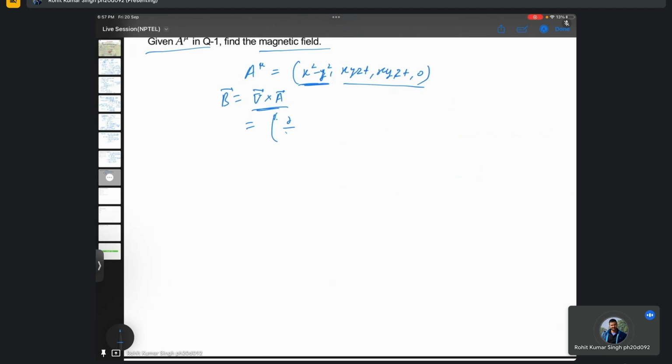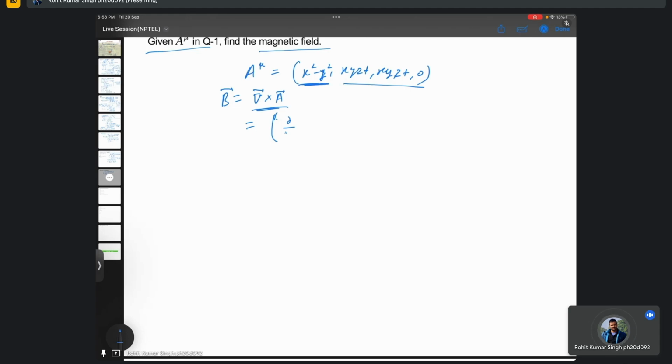I mean this you must have studied, right? So can anyone tell me? Sir, write determinant ijk, del by del x, del by del y, del by del z, then ax, ay, az. No, I want to write just component wise.